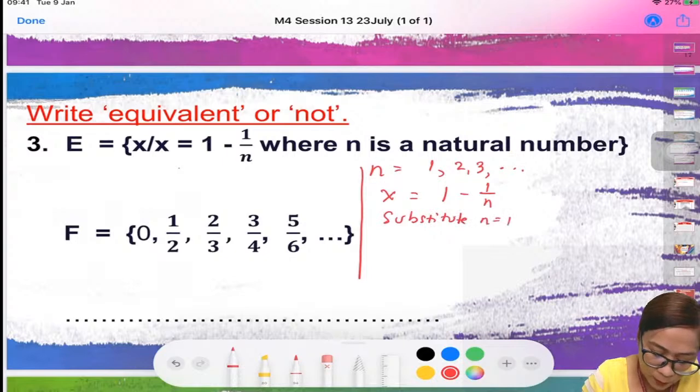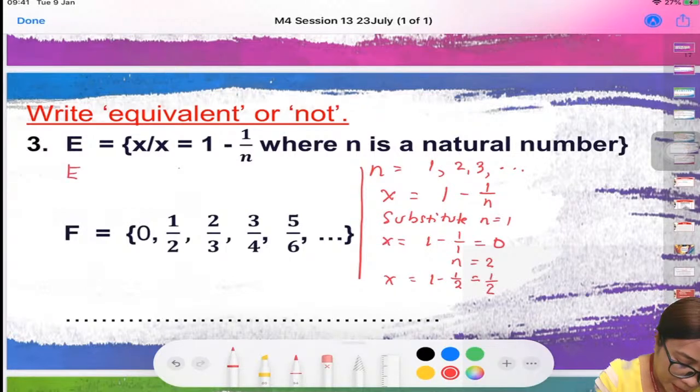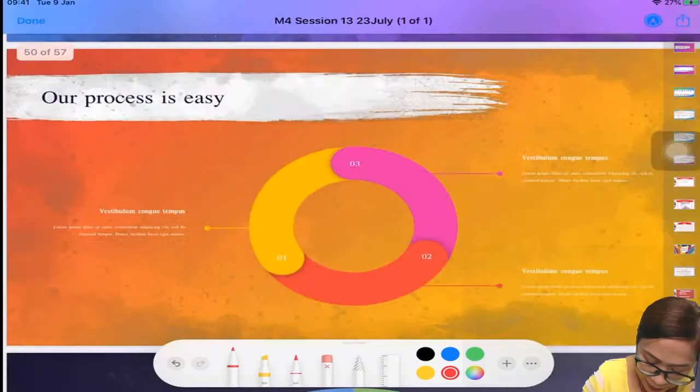So if n is 1, x is equal to 1 minus 1 over 1, which is 1 minus 1, which is 0. And if n is equal to 2, x is equal to 1 minus 1 over 2. 1 minus 1/2 is equal to 1/2. So you have here E is the set of 0, yeah, this ends. Oops.